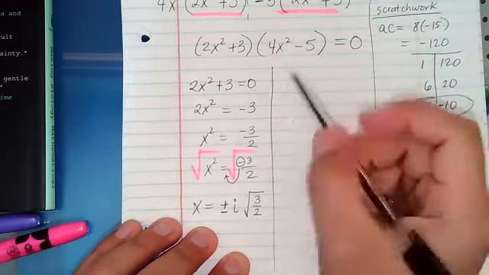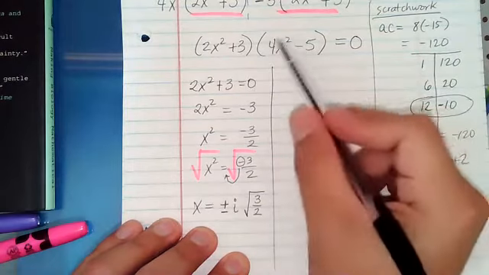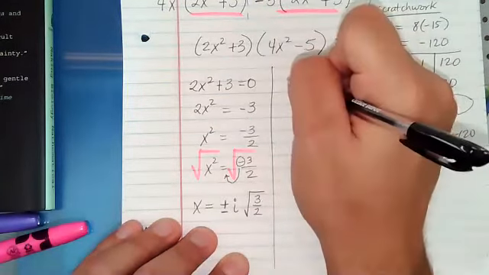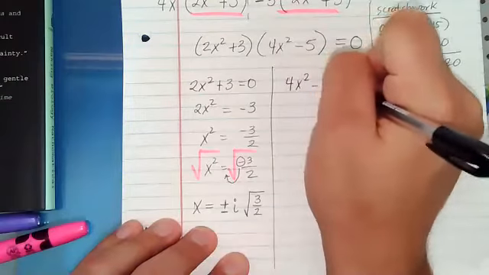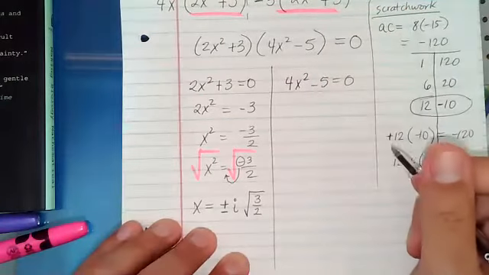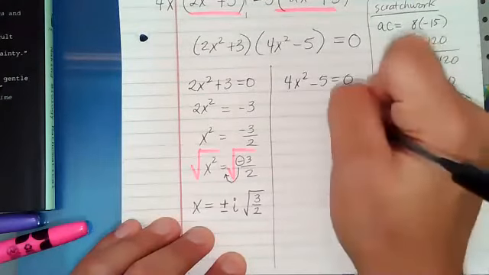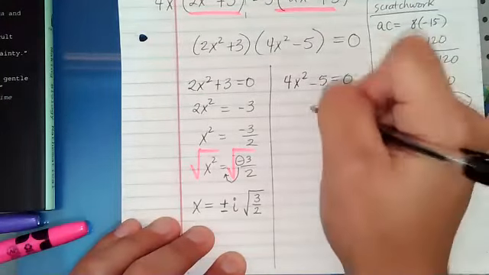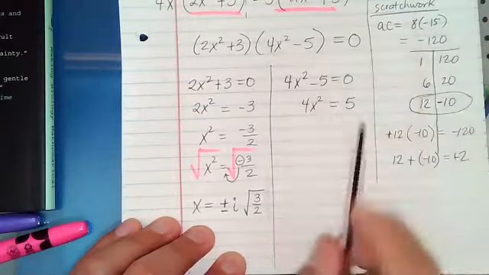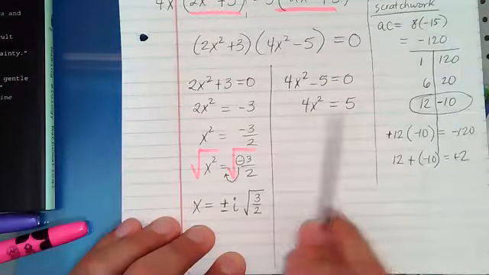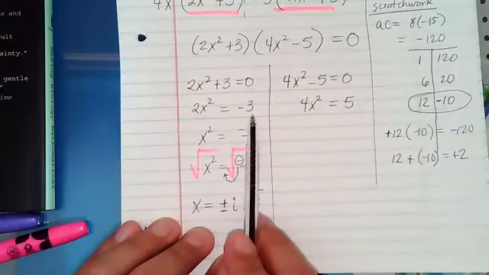Okay, so then we have to solve the other quadratic equation. So we're going to set this factor equal to 0. And you'll notice that when we add the 5 over here, we're going to get a positive 5. I want to contrast this just quickly with the other equation that we solved.